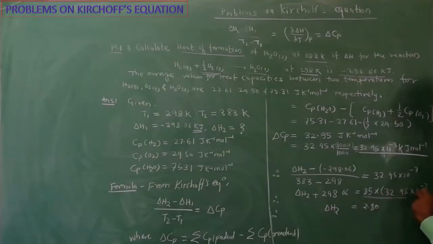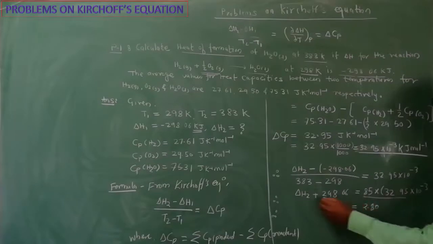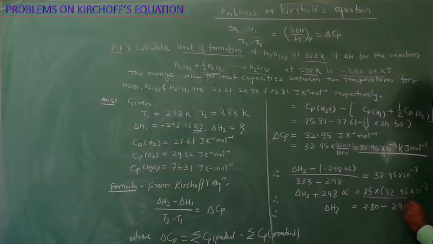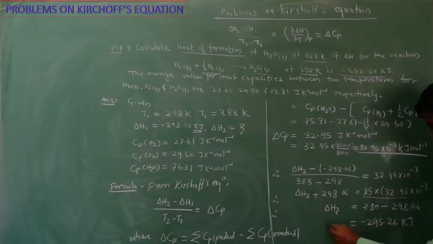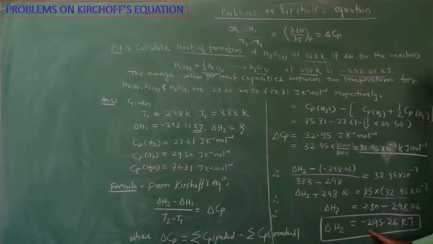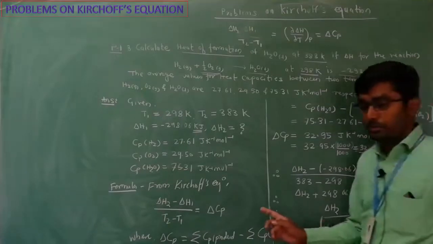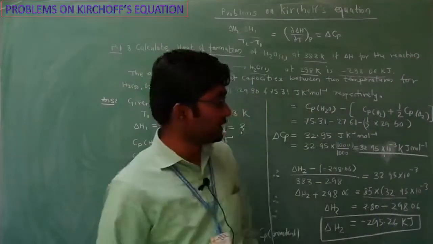If we do this multiplication and simplification, plus if I take 298.06 to the right hand side, it will be minus, and the final answer is minus 295.26 kilojoule. So this is the answer of our problem. The heat of reaction at temperature T2 is minus 295.26 kilojoule per mole. So this is a very simple problem.